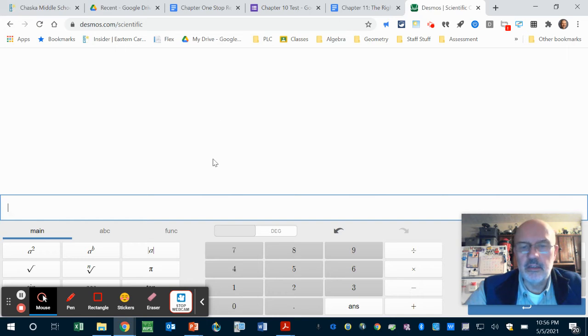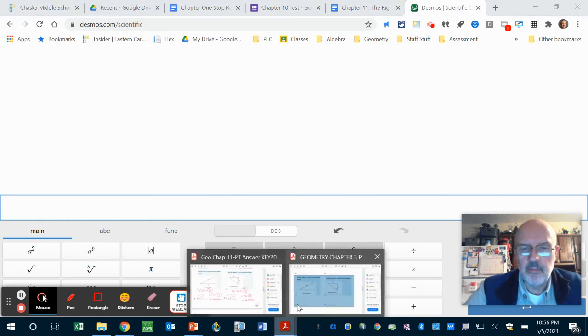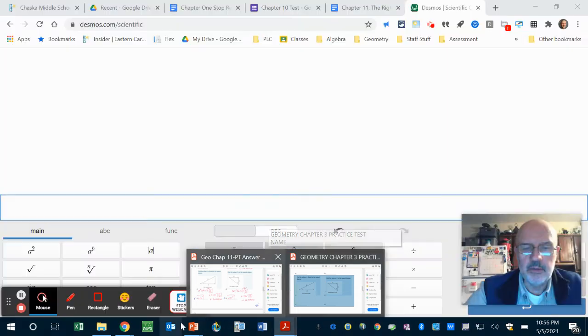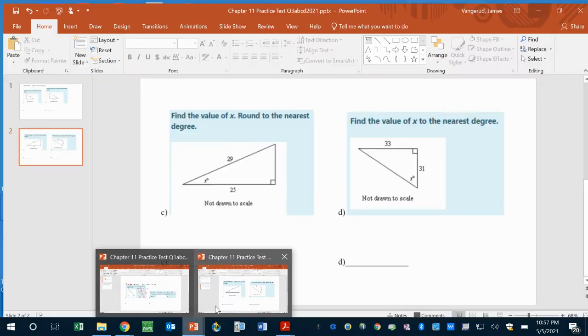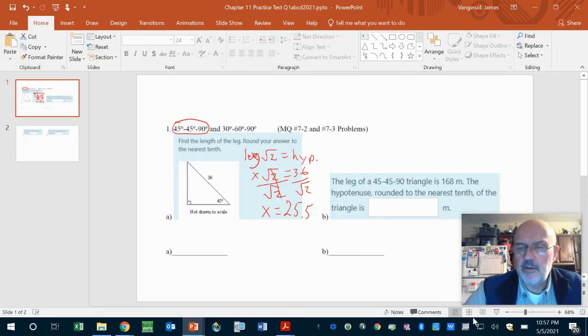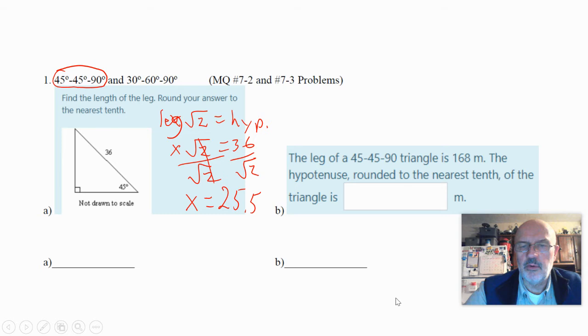All right. So let's look at this again. Oops, I'm in the wrong thing here. This one. All right, that's the first one. Second one, the leg of a 45, 45, 90 right triangle is 168 meters.